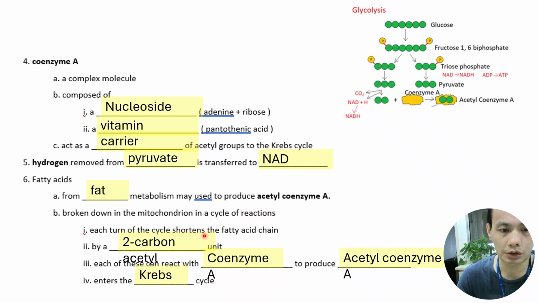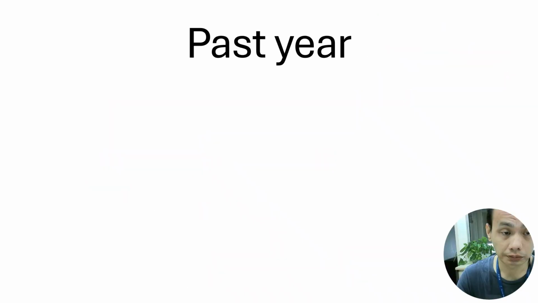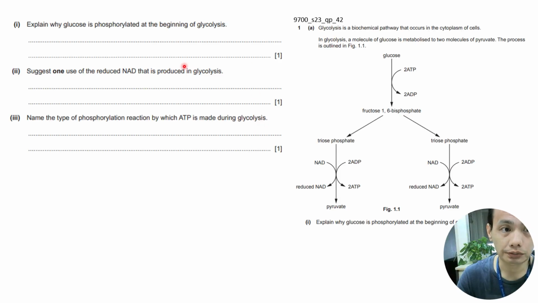Each turn of the cycle shortens the fatty acid chain by a 2-carbon acetyl unit. Each of these can react with coenzyme A to produce acetyl CoA and enter the Krebs cycle. So not only glucose is involved, but fatty acids also can be involved in the link reaction.